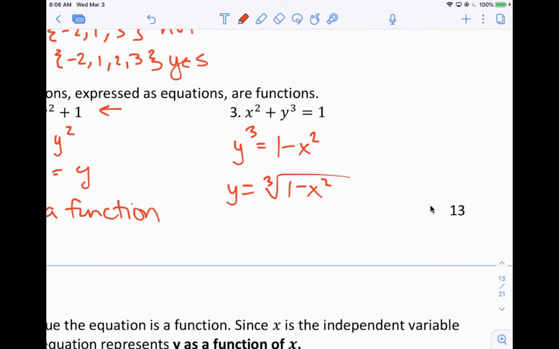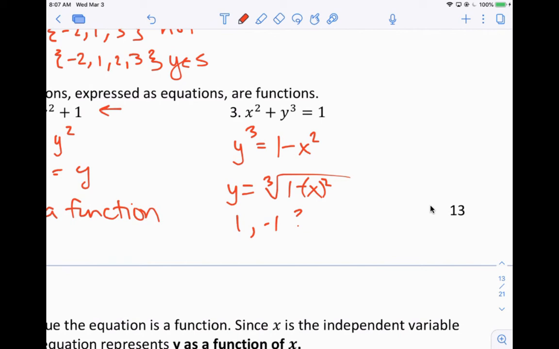Now, a cubed root is not actually a problem. A cubed root's okay. But if I plug in -1 to this function, that thing's going to square. I'm going to get 1 minus 1, and cubed root of 1 is 1, so I'm good. I'm going to get the same thing if I plug in 1. But is that a problem? Is plugging in 1 and -1 an issue?